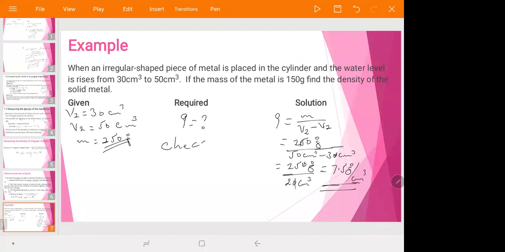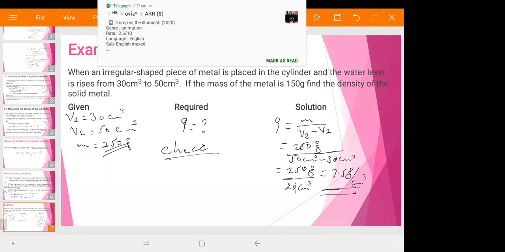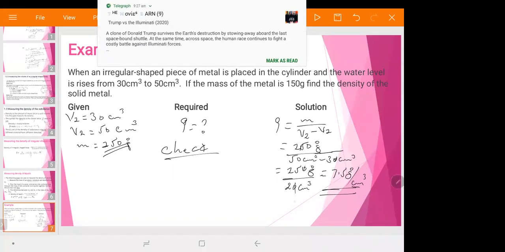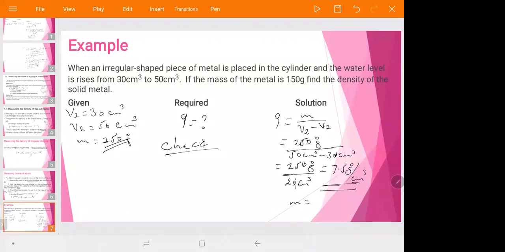What's the formula of mass from this one? Mass is equal to density times volume 2 minus volume 1.